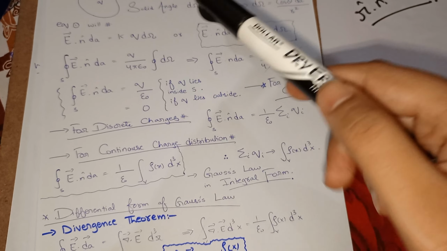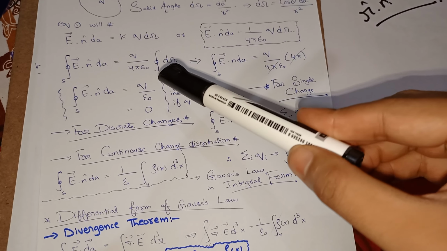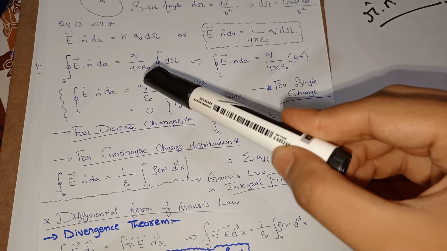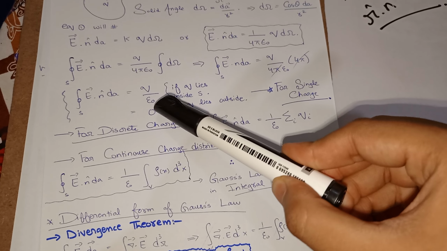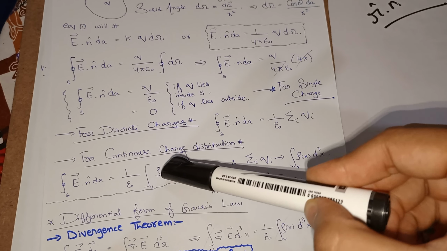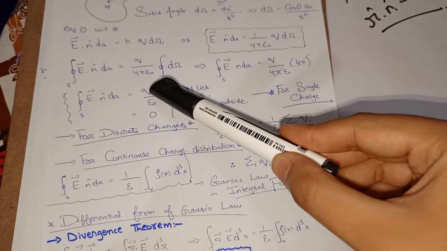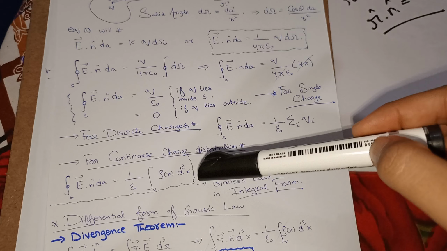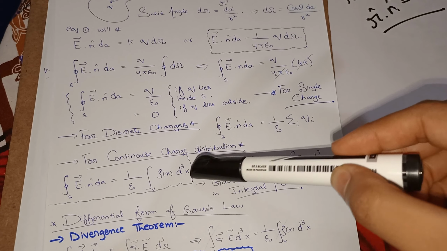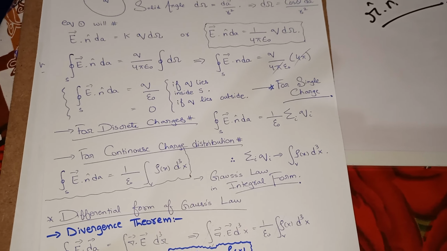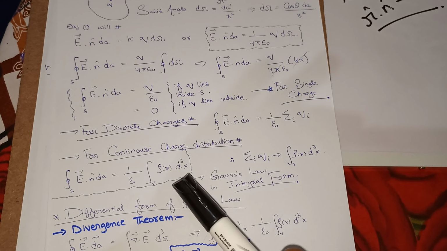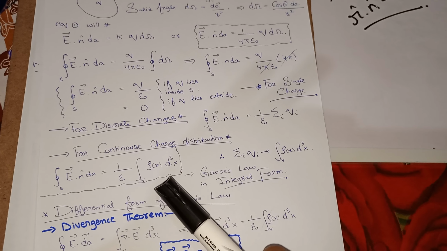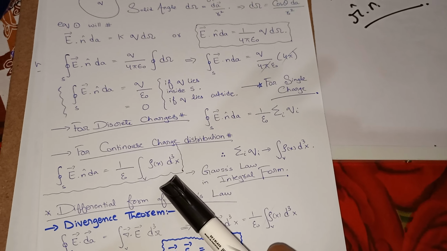Now you multiply by delta V and divide q by delta V. Q divided by delta V becomes the charge density, and when we multiply by delta V it becomes d cubed x, the volume element. So this is the final integral form of Gauss's law in the case of continuous charge distribution.